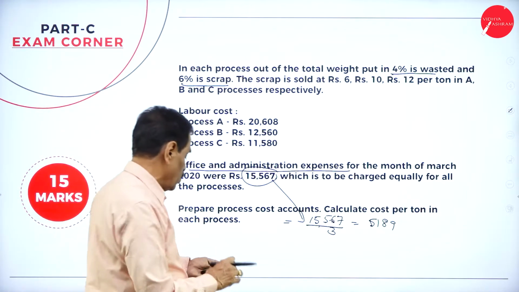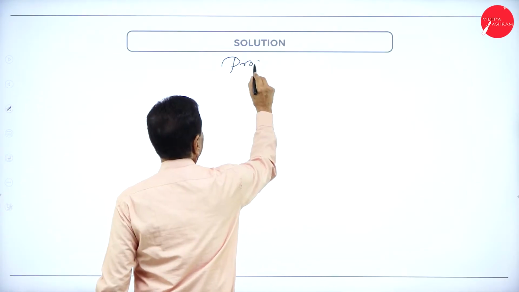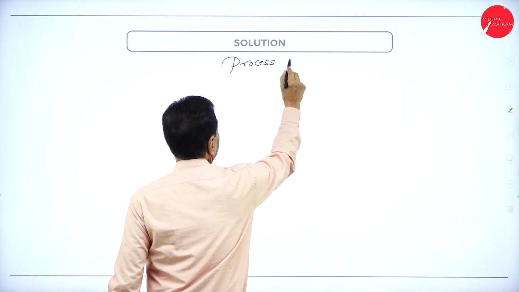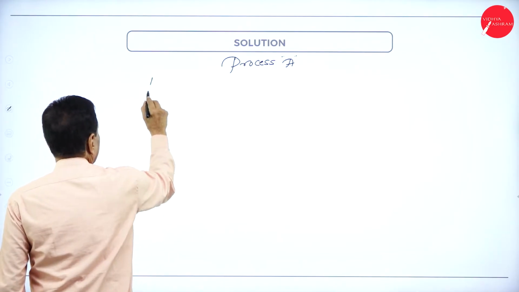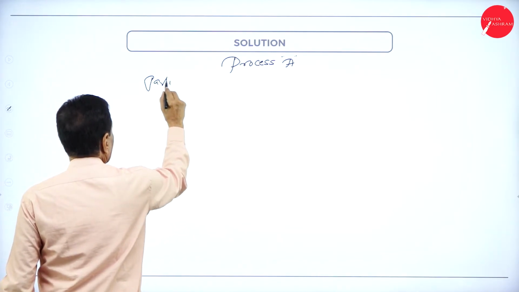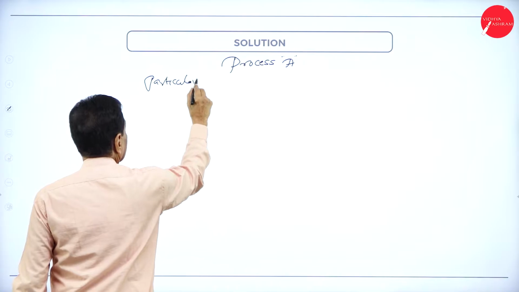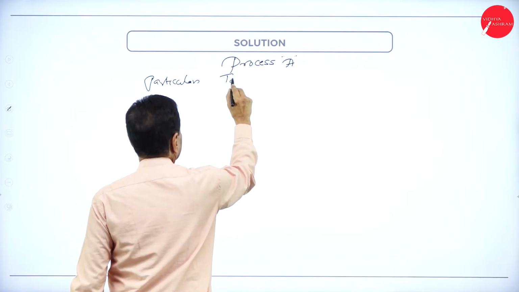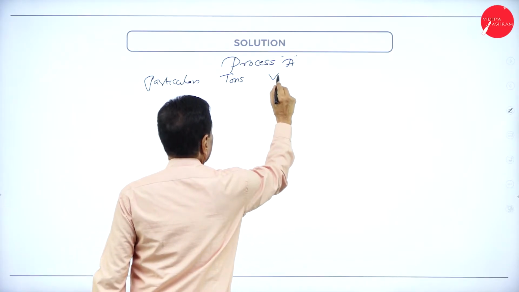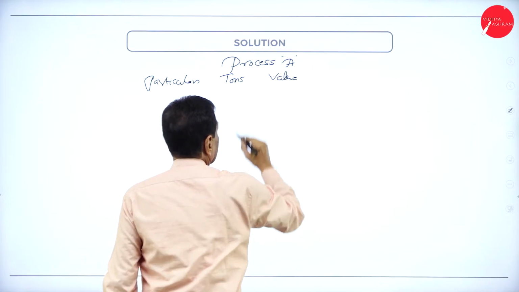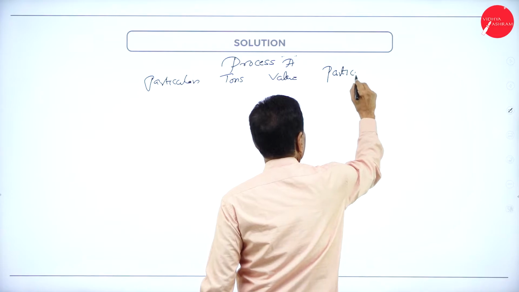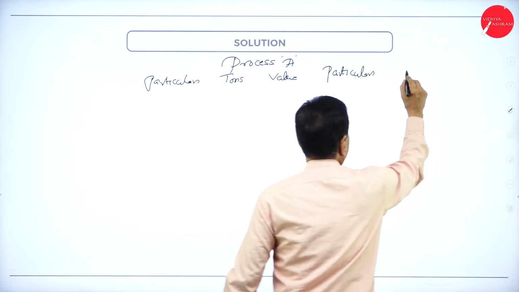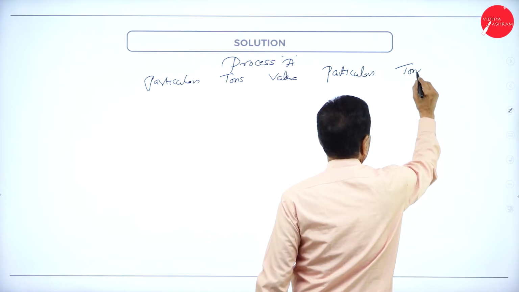So we'll move on to process A. Particulars, tons, value.